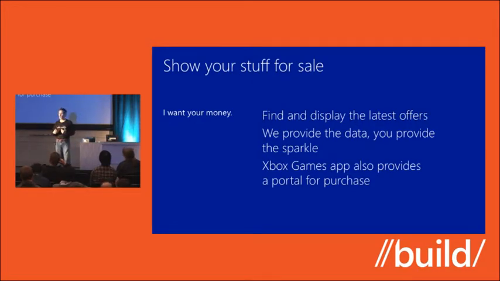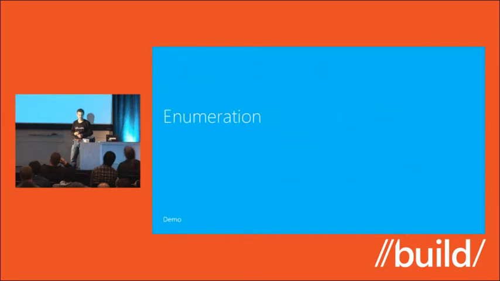Our job is to provide the API that will let you access that data and return it back, and then you will provide your own custom rendering of that based on whatever you want to do. The Xbox Games app also supports this, so we will do a generic rendering to allow you to also sell the content through the Xbox Games app. But it's always best for you to do it yourself to provide the best experience for the user. So we'll drop in to take a look at that.